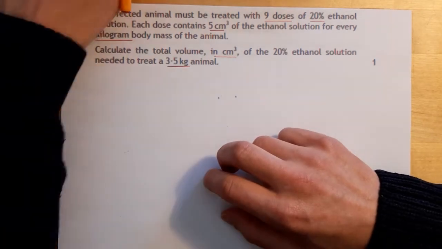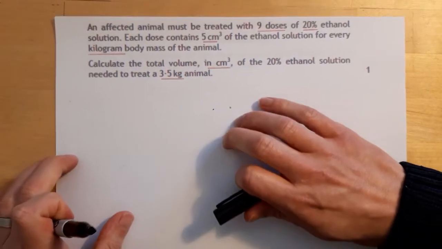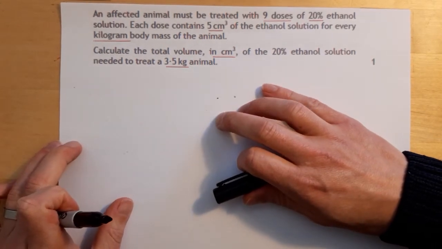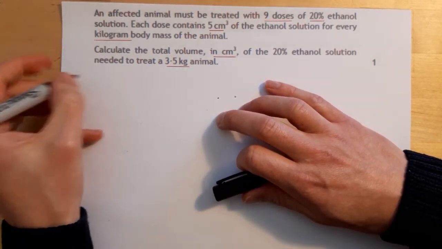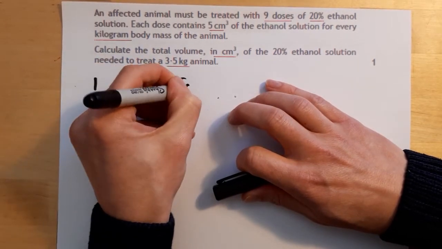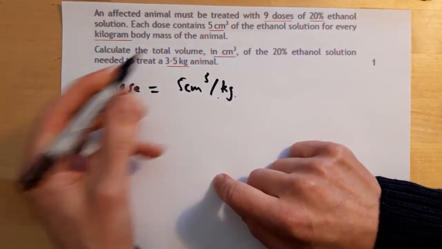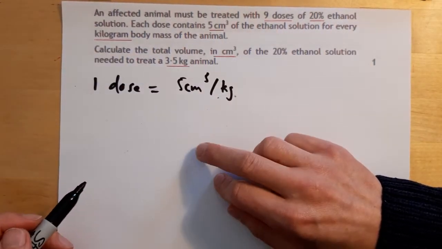Okay, so let's have a think here. We know that one dose equals 5 centimeters cubed per kilogram. And really all I'm doing is writing out the key information again at this point.